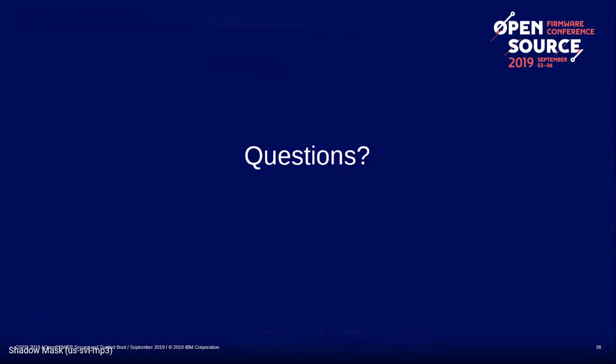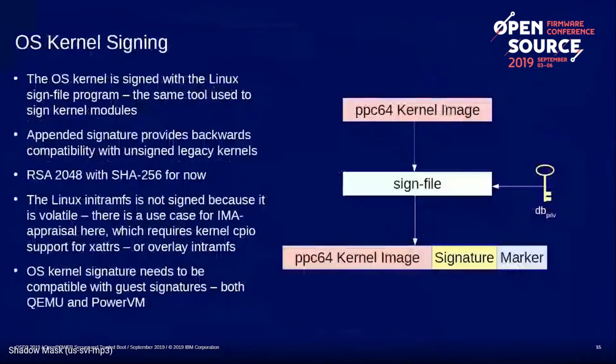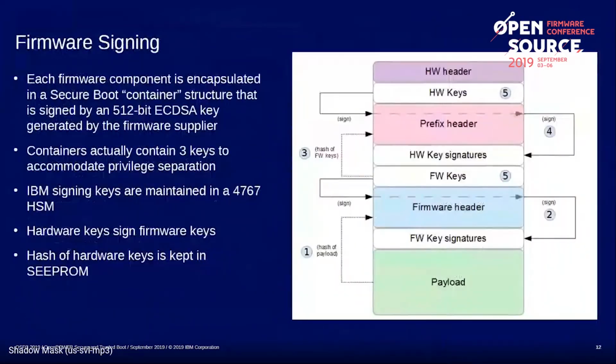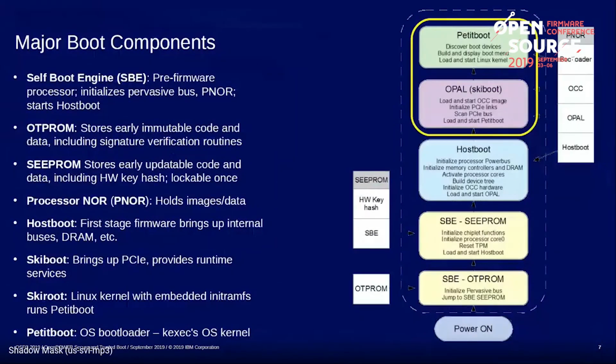Okay, can you go back to the the slide sequence? with like the yeah. Okay, so the SBE is some immutable thing. Yeah. Okay, then in like OTP ROM someplace, then you have.